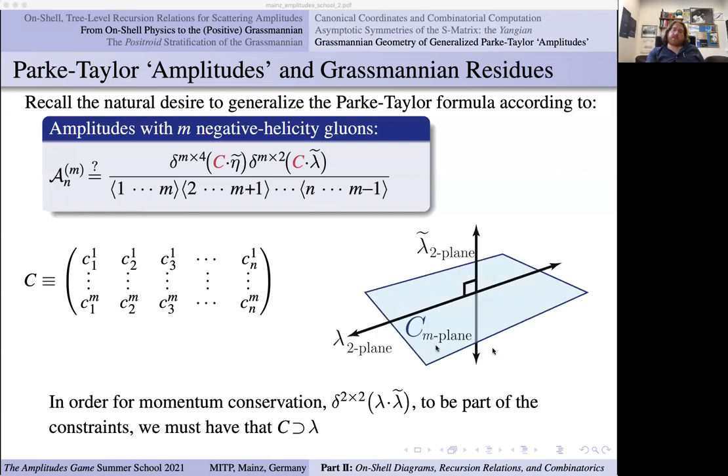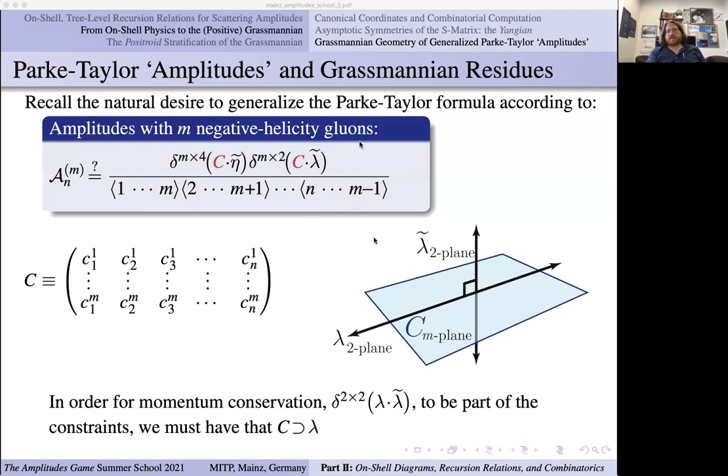So the picture is that we have an m plane, m rows of some m by n matrix C, and it has to contain inside of it lambda, or else this thing won't include the delta functions, the momentum conservation there. So we must insist that C contains lambda.